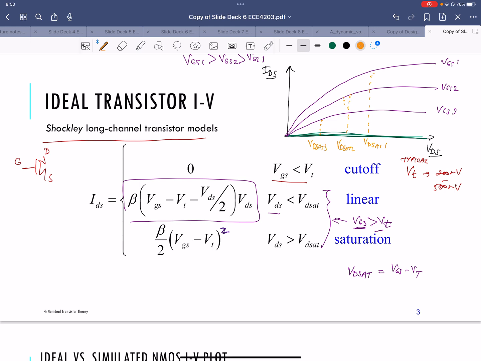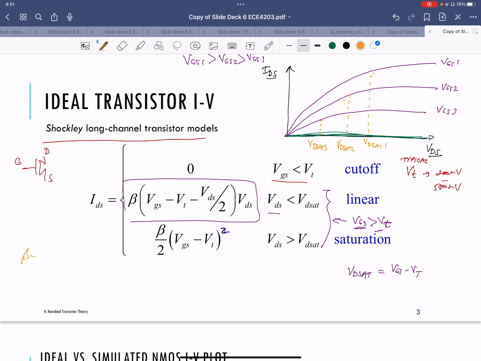So the linear region extends a little further for a higher VGS. Below VD sat, the equation is a function of VGS, VT, and also VDS. Then past VD sat you're square law dependent on VGS only, so there's no dependence on VDS, and the curves go flat with VDS.